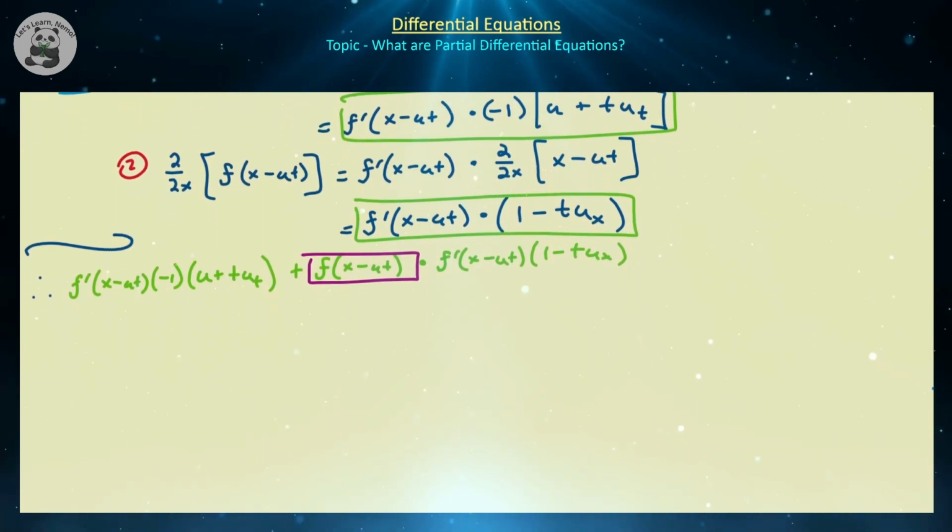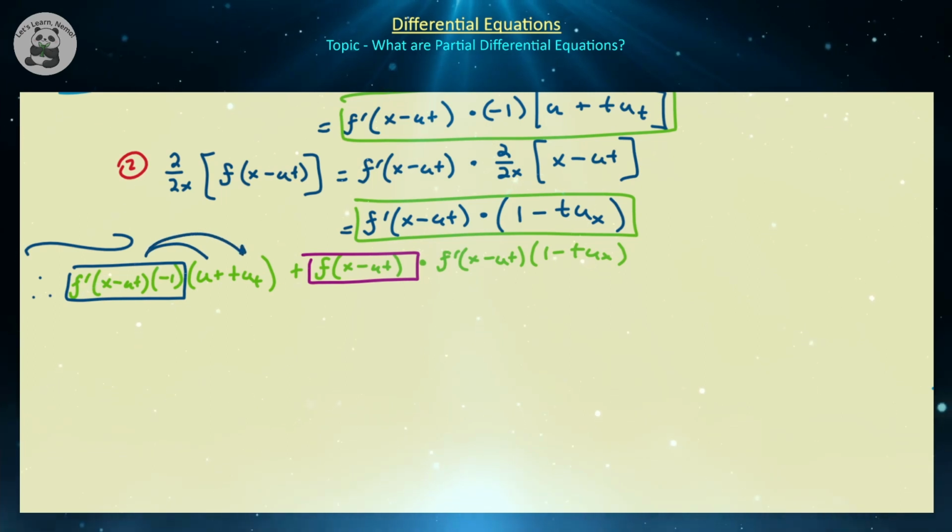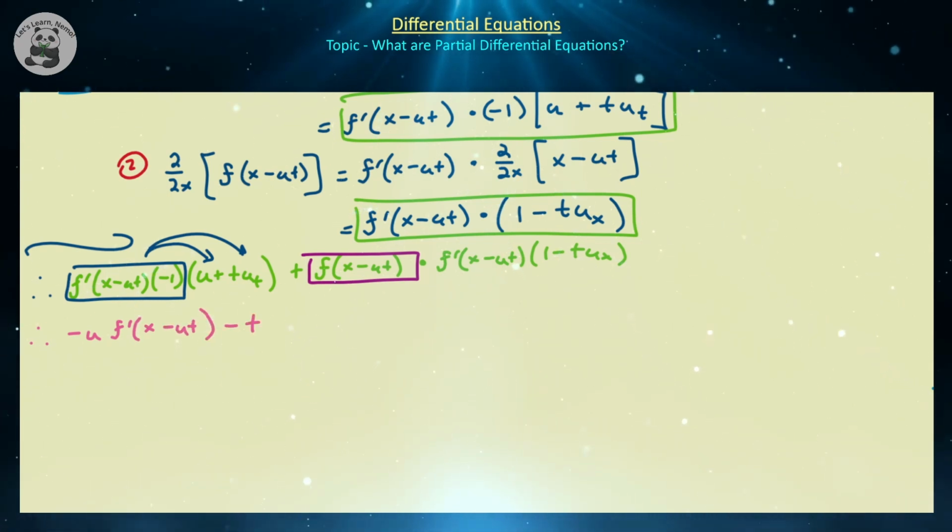And let's keep in mind that that is actually just u in disguise. So I want to distribute this term into the first and second brackets very carefully. So many things can go wrong here. We're going to have minus u times f prime of x minus u of t. And then minus t ut times f prime of x minus u of t.